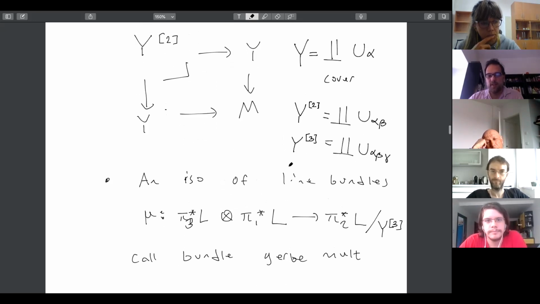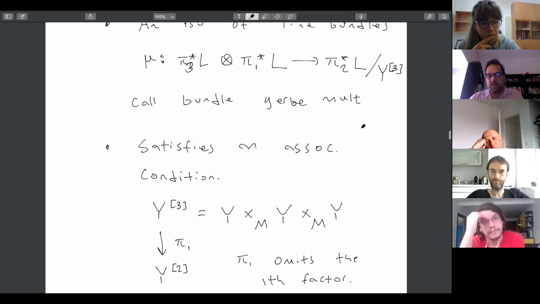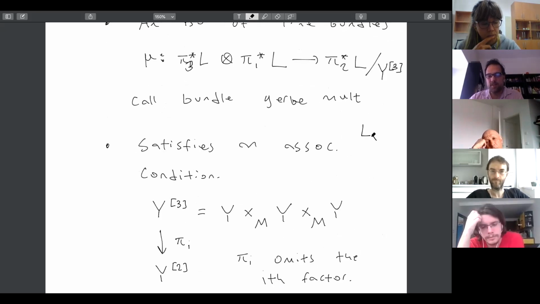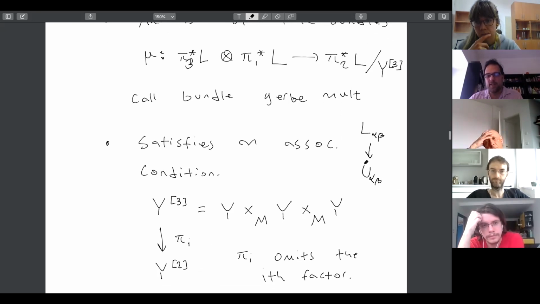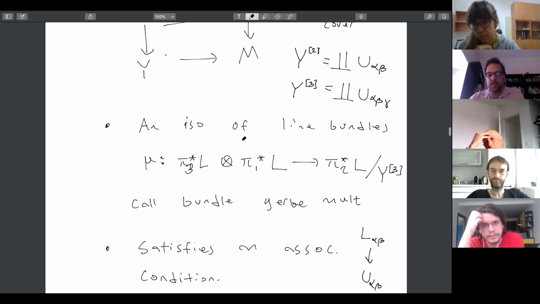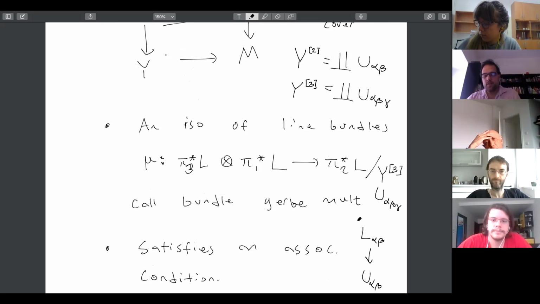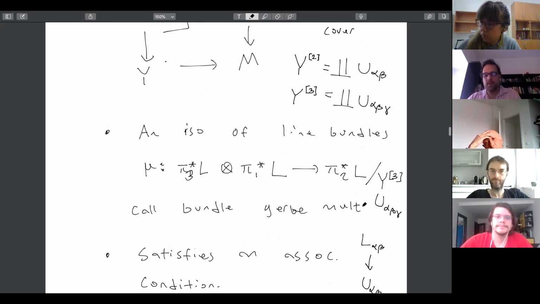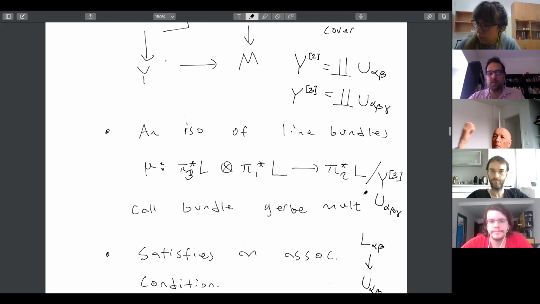You can think of a bundle gerbe as being a line bundle L alpha beta over each of these intersections, satisfying a cocycle condition given by this multiplication over the triple intersections. So there's a very descent-theoretic picture that one can take to this kind of data.